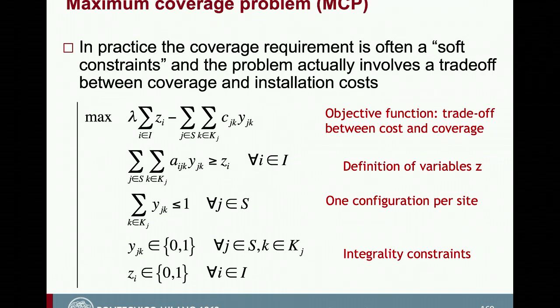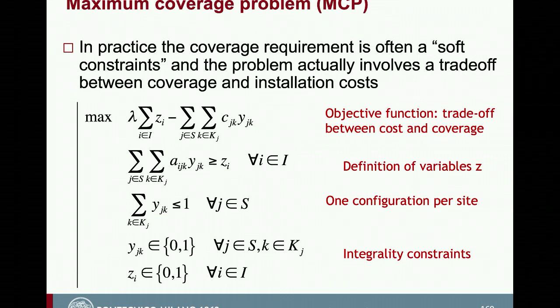So sometimes the coverage requirement can be considered a soft constraint instead of a hard constraint. And for this reason, we can relax this constraint and add a penalty in the objective function, such that we try to cover all test points, but somehow we balance the coverage with the cost.